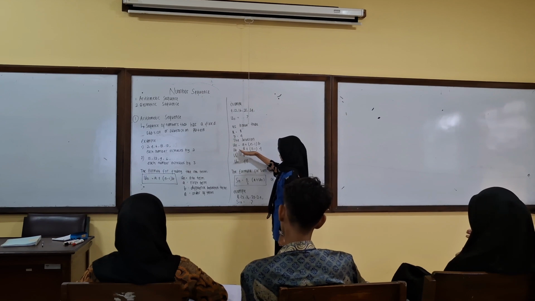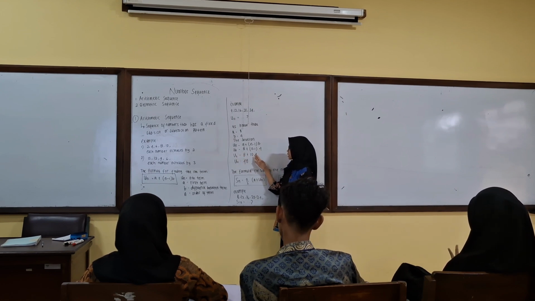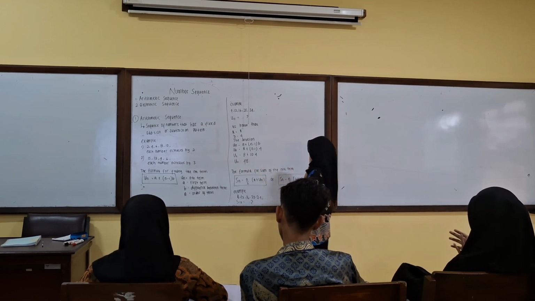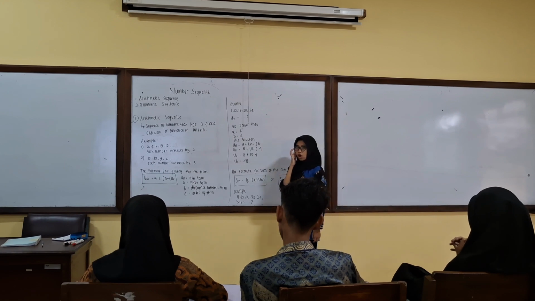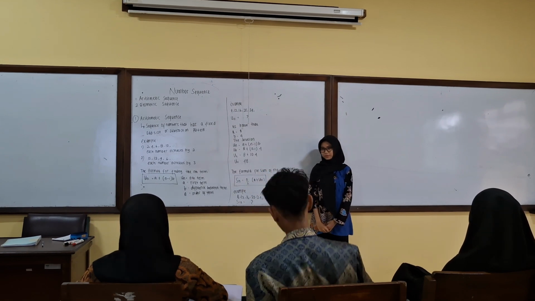U11 equals 8 plus 11 minus 1 times 4. U11 equals 8 plus 10 times 4. U11 equals 48. So the 11th term is 48. Do you understand this?